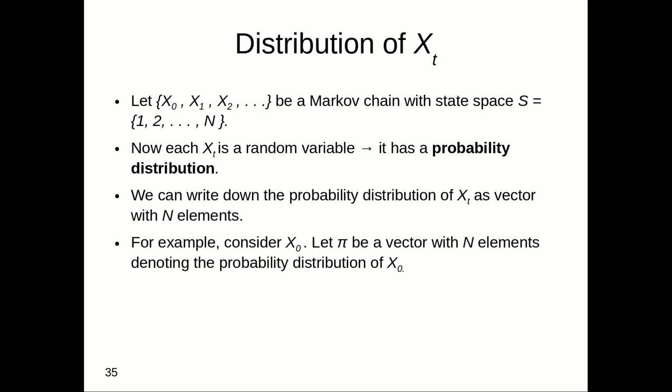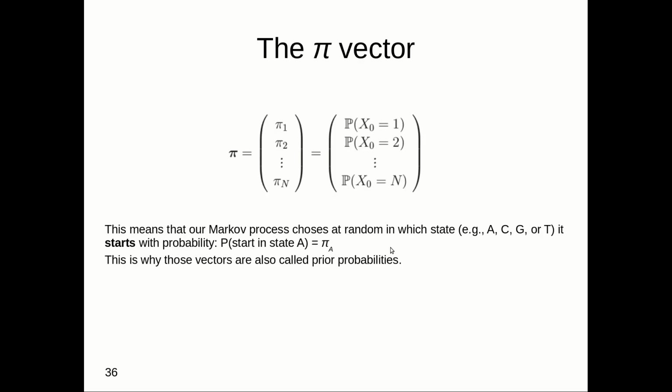So, for example, consider x0 and let p, the Greek letter, be a vector with n elements, denoting the probability distribution of x0. So if we have this probability distribution, that's our p vector here, with a probability for all states in our state space.